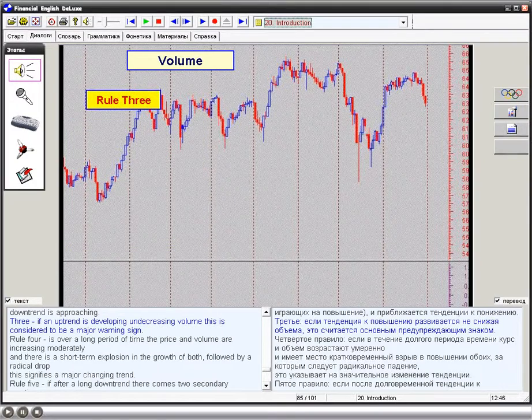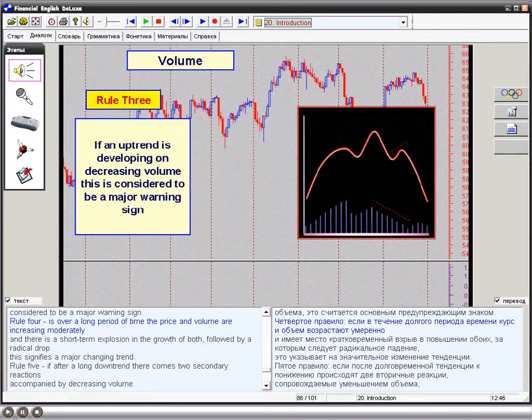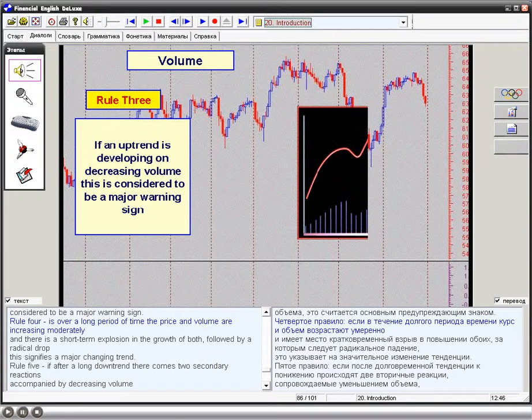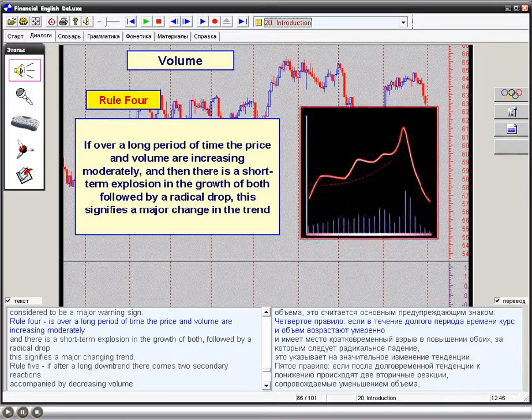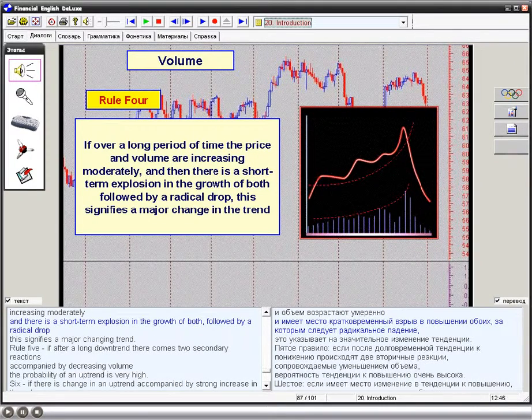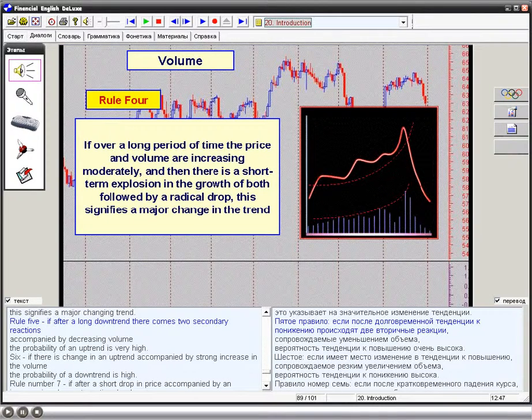3. If an uptrend is developing on decreasing volume, this is considered to be a major warning sign. Rule 4. If over a long period of time the price and volume are increasing moderately, and then there is a short-term explosion in the growth of both, followed by a radical drop, this signifies a major change in trend.